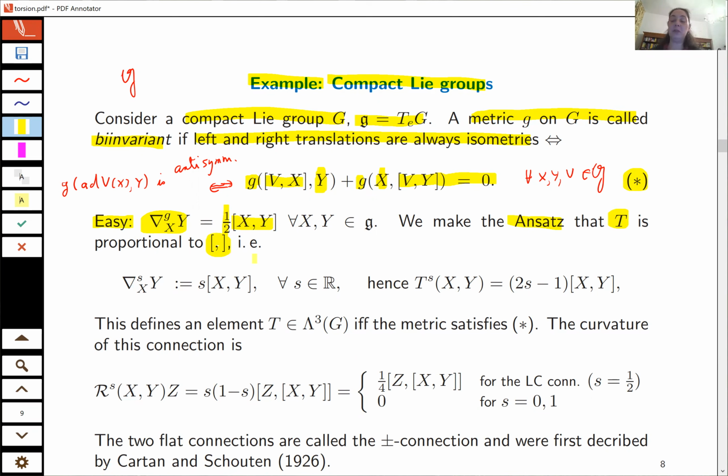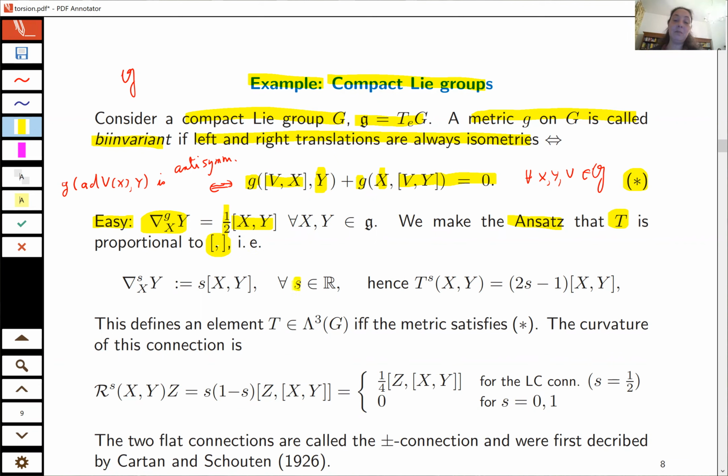This is not totally stupid, because the torsion is a bilinear object which is skew symmetric and takes two vector fields and turns them into another vector field. And if you're just given any abstract Lie algebra, there are not many maps with that property which come to your mind. The commutator is the obvious one, and not only that, it's also the only one which you have on a given abstract Lie algebra. So this is the ansatz that we choose.